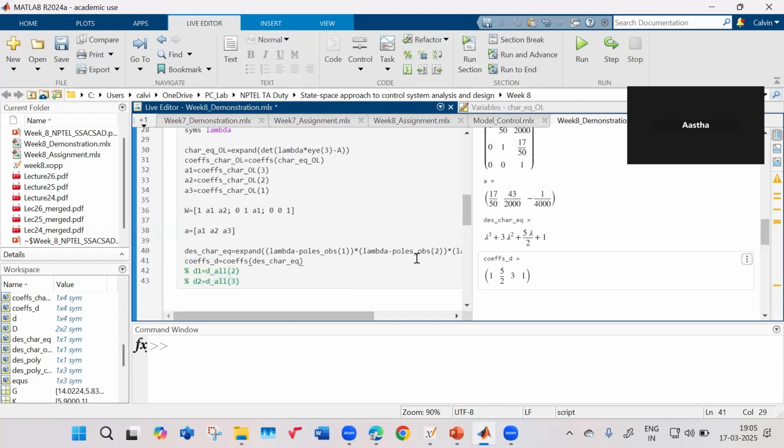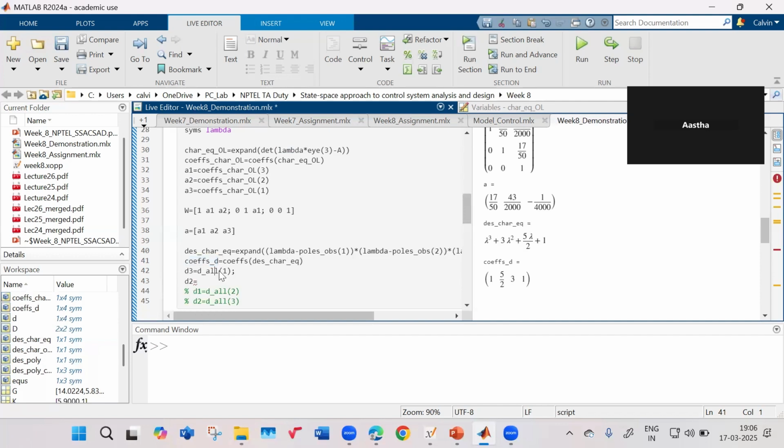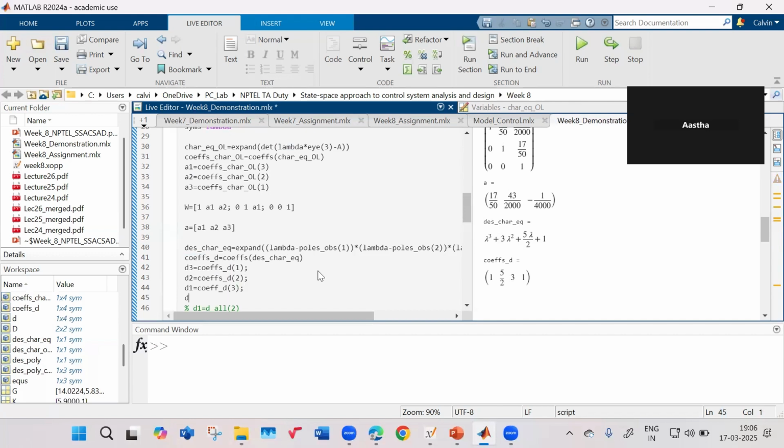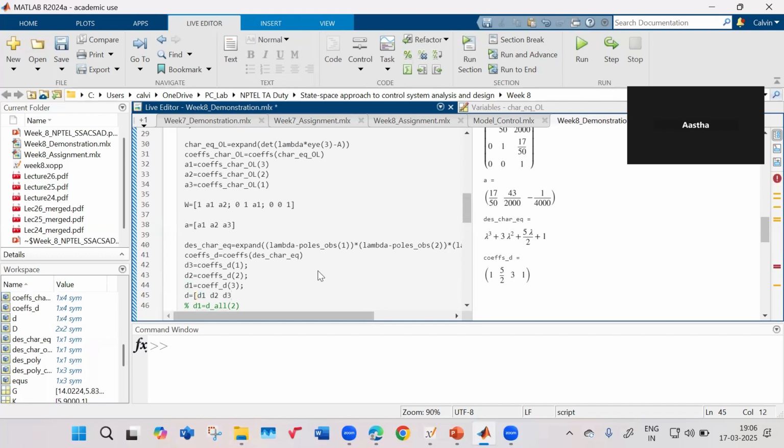So the last one is my D3. D3 is D all 1. D2 is the coefficients of D, the second one, and D1 is the coefficients of D, the third one. Okay, so this is my D1, D2, D3, and D is equal to D1, D2, D3.